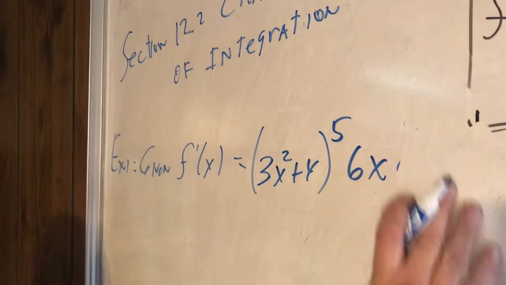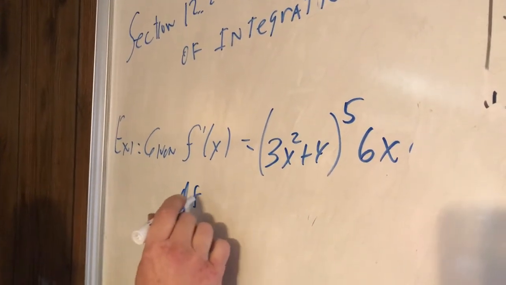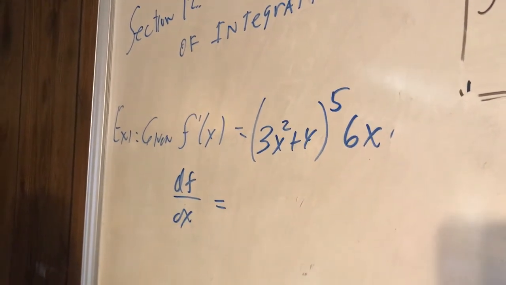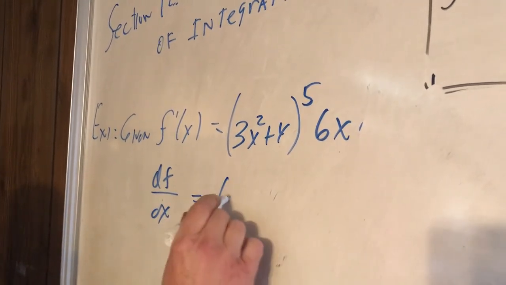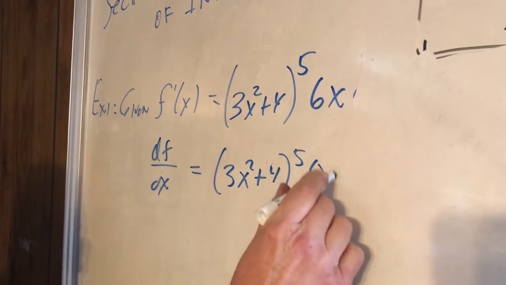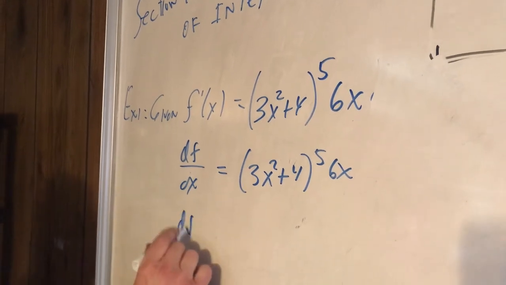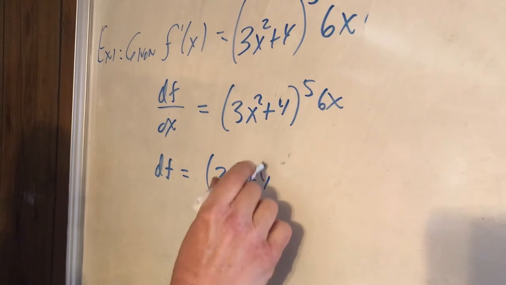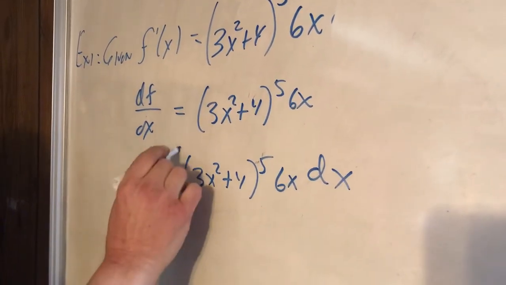That's not what I did. This is given this. So if we take df dx, we're going to get 3x squared plus 4 to the 5th, 6x multiplying out by my dx, 3x squared plus 4 to the 5th, 6x times dx. I didn't want to take the integral.